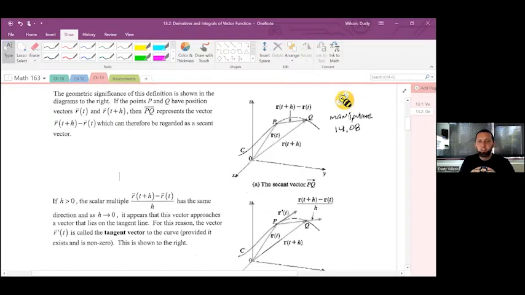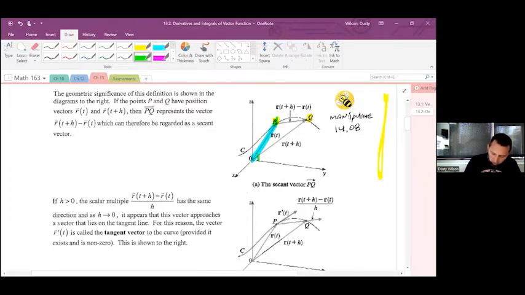The geometric significance of this definition is shown in the diagram to the right. If the points P and Q have position vectors r of t and r of t plus h, let's see if we can understand that. So here's our P and here's our Q. Here's r of t.